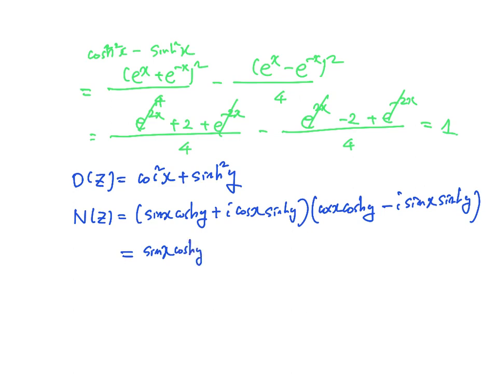So we multiply the first components together: cosine x cosine hyperbolic square y. Plus, we put the imaginary parts together, then they become plus cosine x sine x. Oh, this is plus, right?